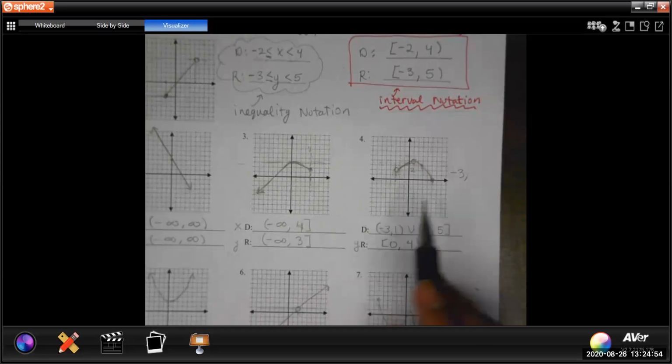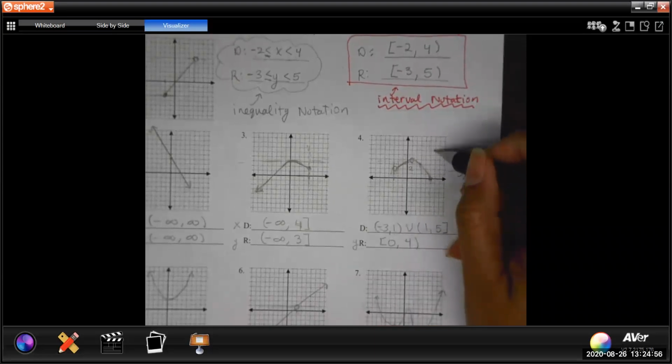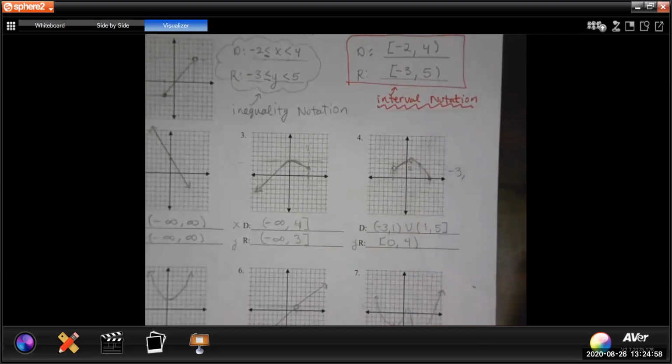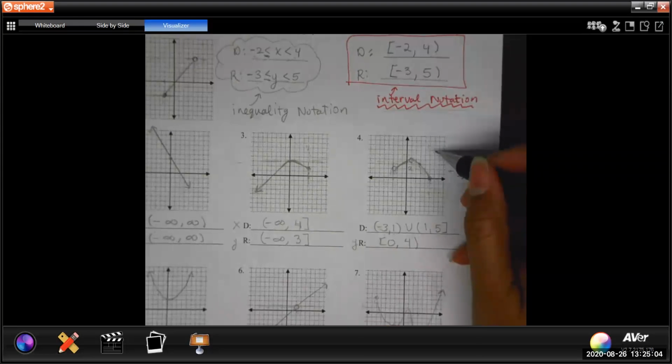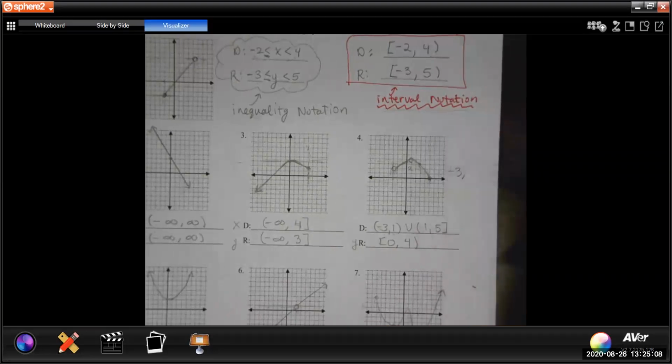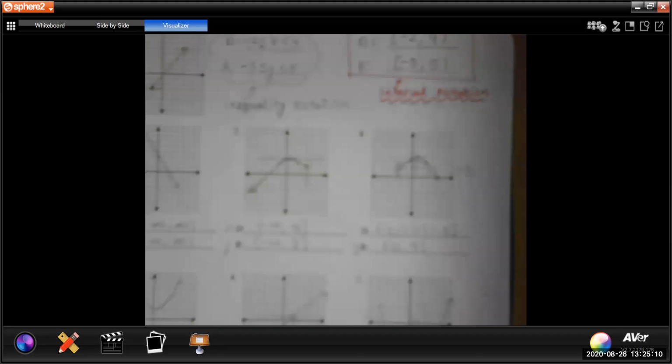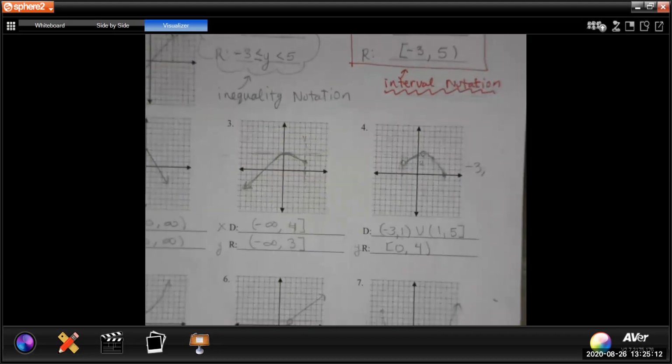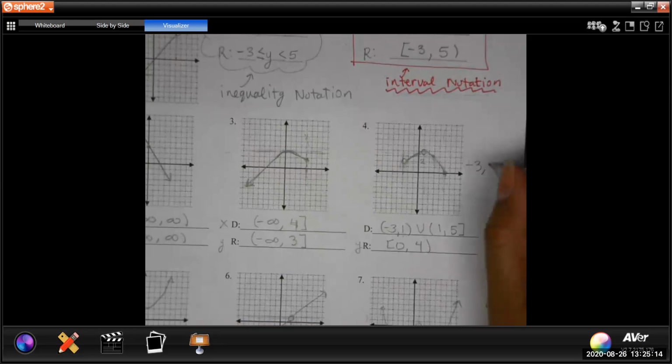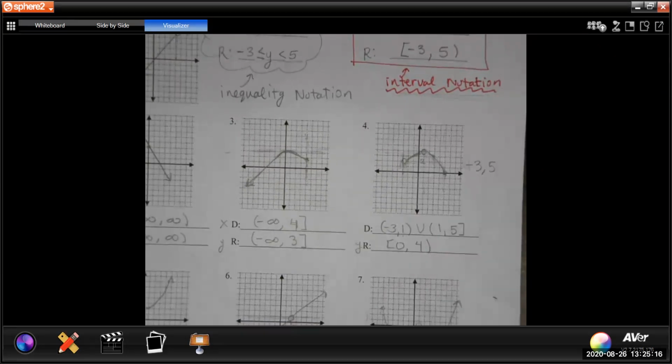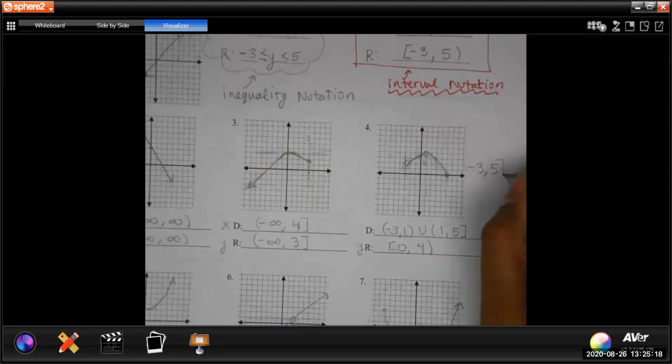I'm going to call on one of you to tell me at what x value the graph stops. Jose, Adam, can you tell me where it stops? 5. I didn't hear you. 5. At 5. Okay, do you guys agree it stops at 5?